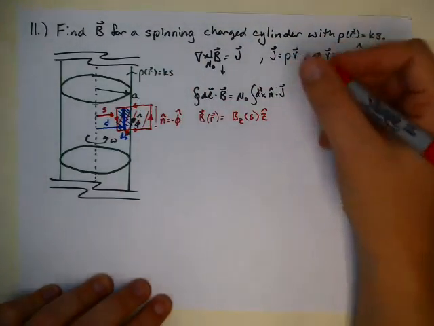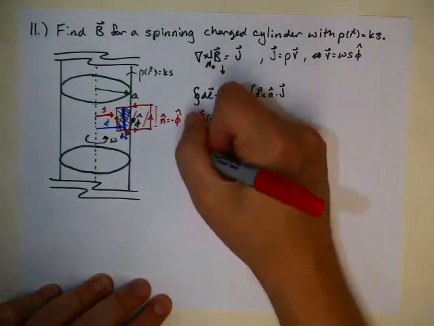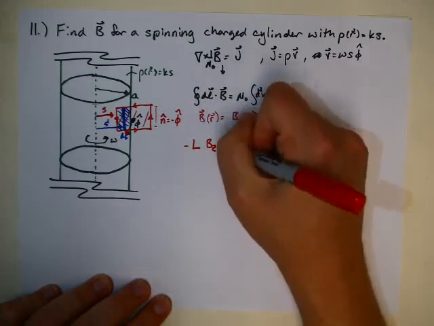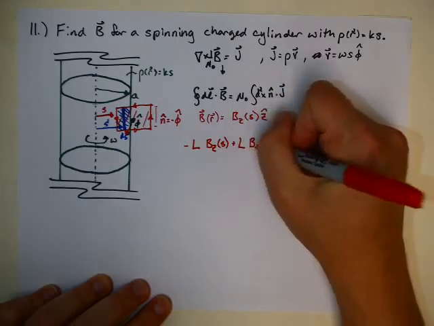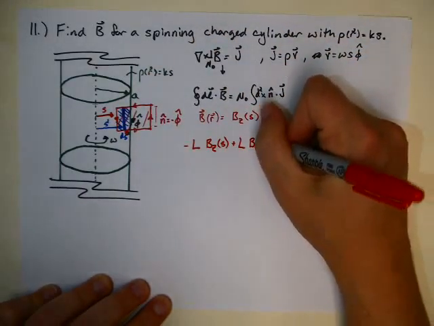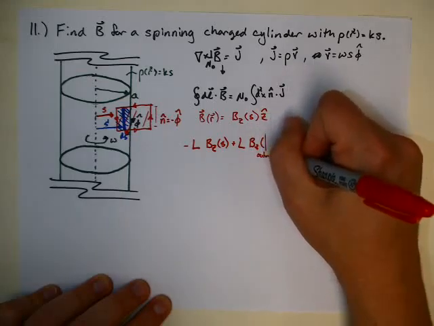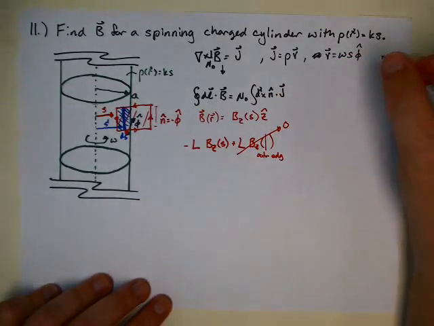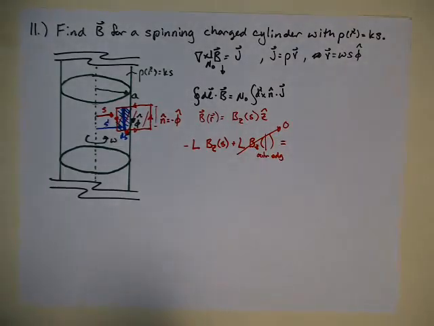And so what I'm going to get is, the z hat is in the positive direction, so I'm going to get minus L times Bz at s, and then plus L Bz at this outer edge. But again, we know, because we've done these problems before, that that's 0. So we're just going to set that to 0 immediately. And that evaluates the left-hand side of Ampere's law.